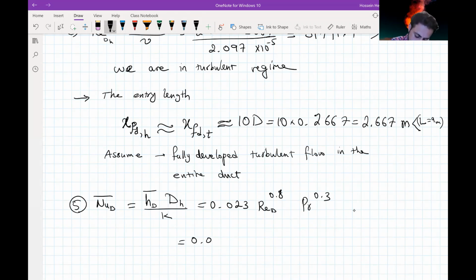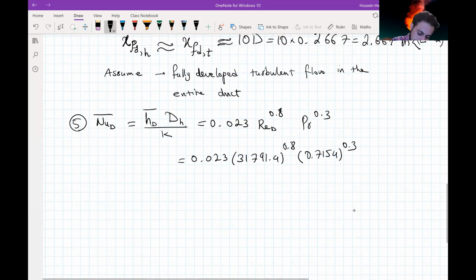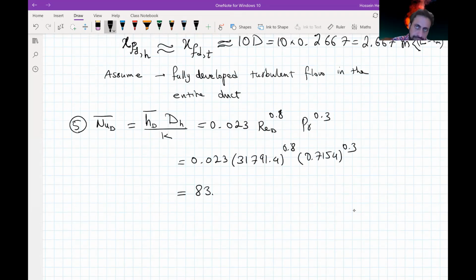Reynolds was 31791.4 and Prandtl was 0.7154. That gives a Nusselt number of 83.165.